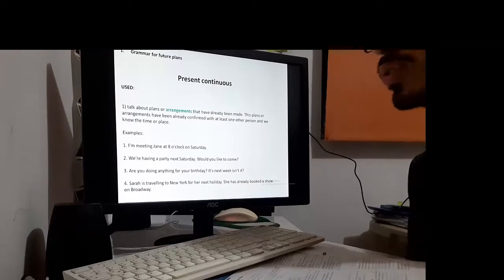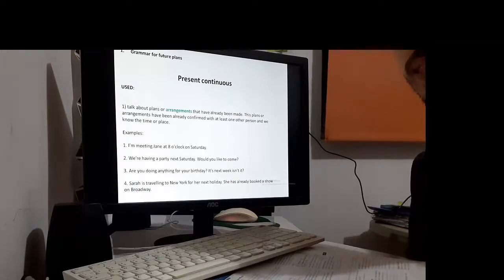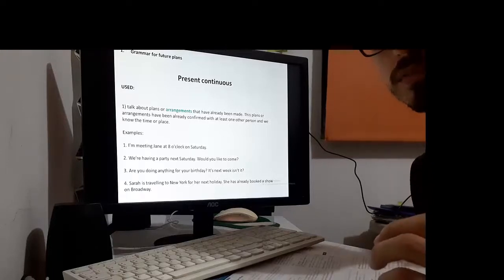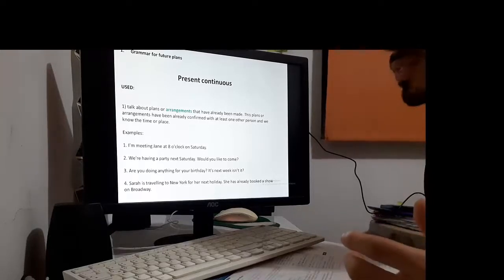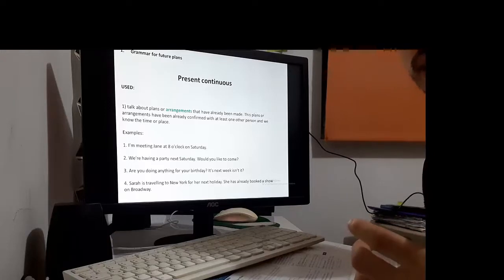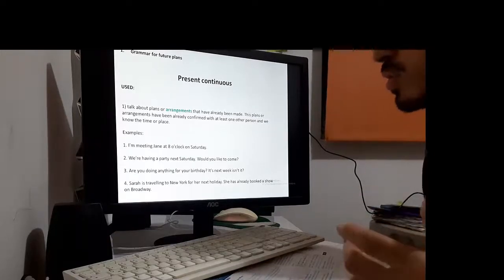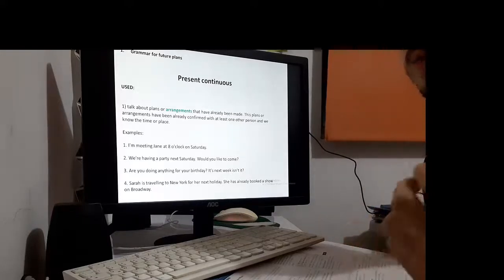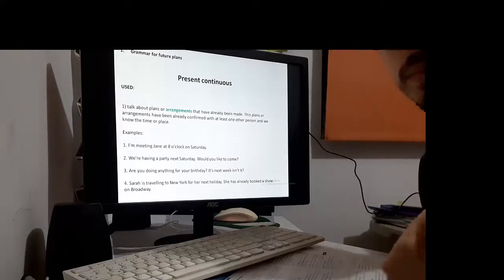We use present continuous for plans or arrangements that have already been made. What does that mean? That means that you have planned something in the past and you fixed a specific place or a specific time, and you have talked to another person in order to make that plan.